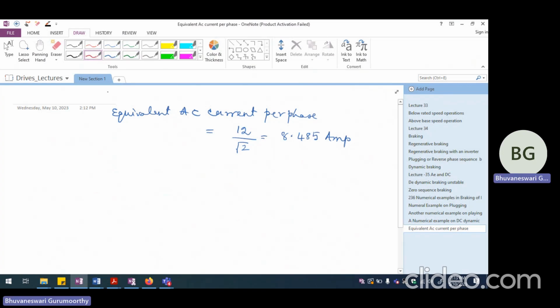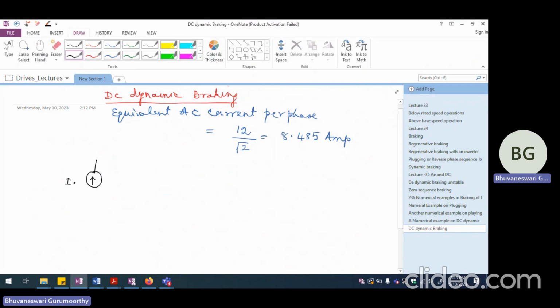So we are actually continuing with the DC dynamic braking problem. And we are looking at what is the kind of rotor current and the speed and torque we are going to get. So if you may recall, we drew the DC dynamic braking equivalent circuit for an induction motor somewhat like this.